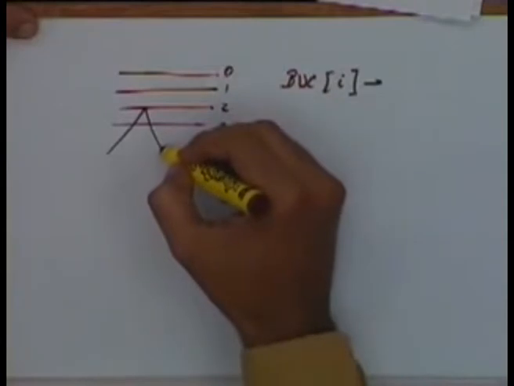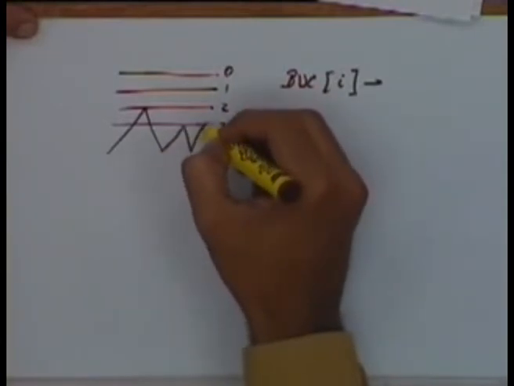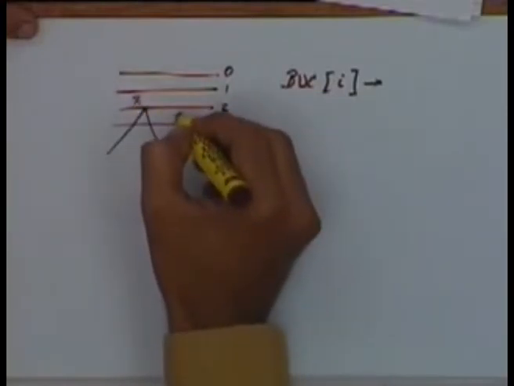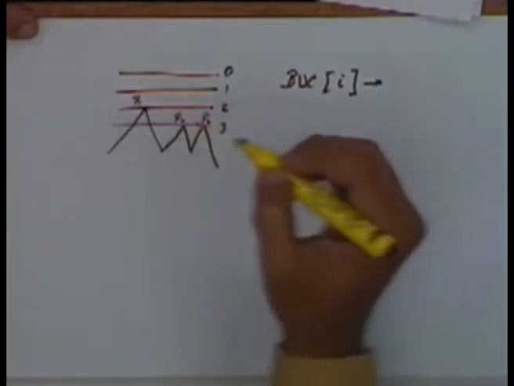Let us say we have a case like this: this is P1, this is P2 and this is P3.